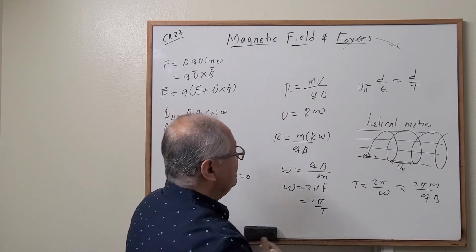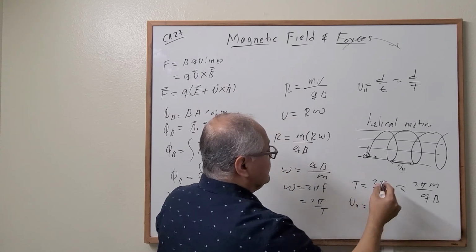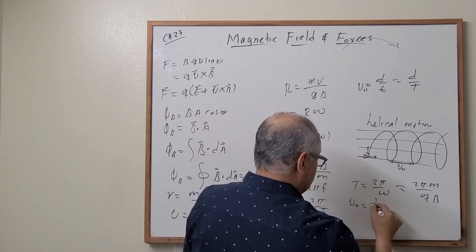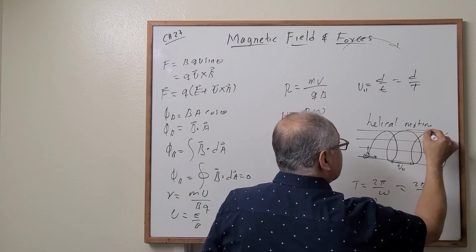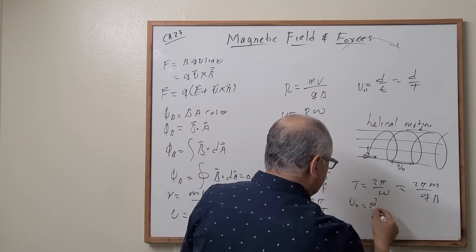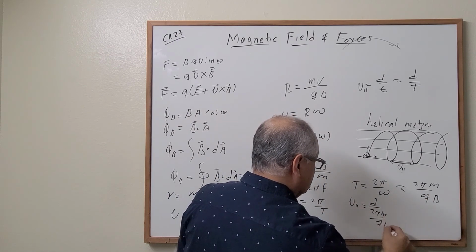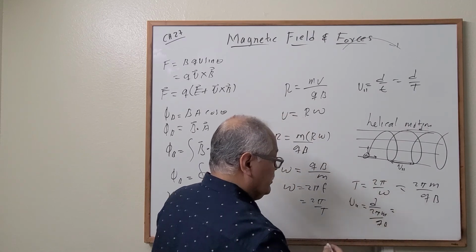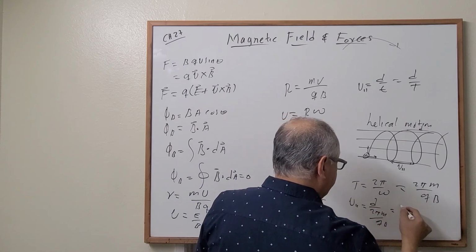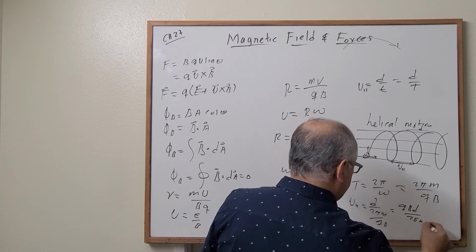And what should be this v parallel? It is equal to this distance d, from here to here, divided by the period. The period is equal to 2 pi m over charge times B. So it is equal to, again, charge times B times the distance divided by 2 pi m.